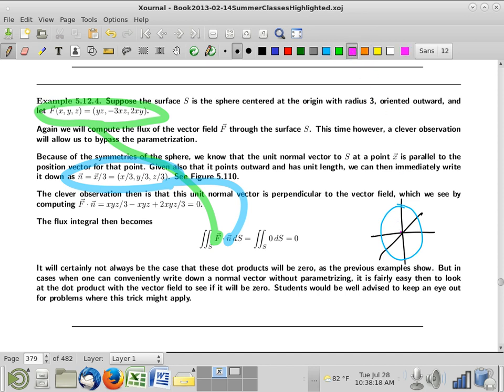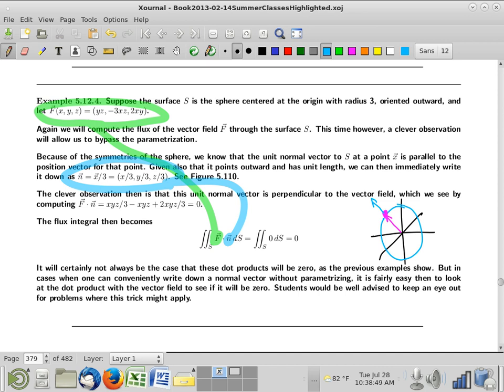Then at any point on the sphere, the unit normal vector is parallel to the position vector for that point. Said differently, you're just going to take the point, the vector representing the point, and the normal vector is pointing in exactly that same direction. So just divide that position vector by its own length. And that makes for a really easy formula here for the unit normal vector.